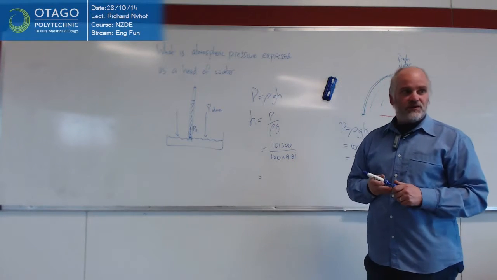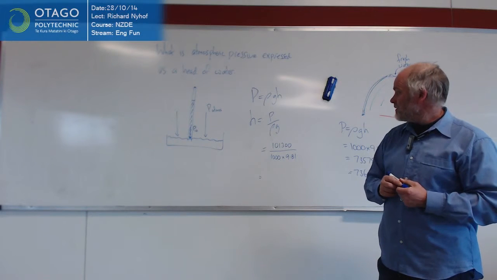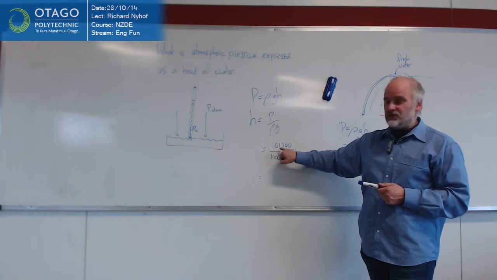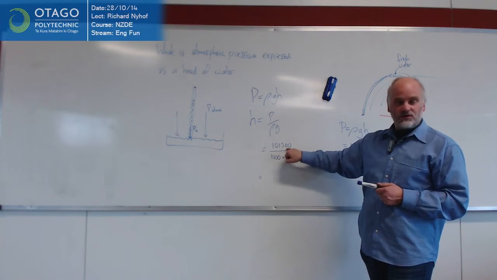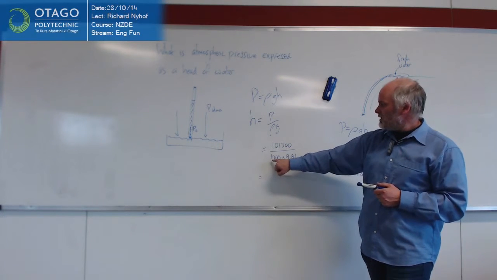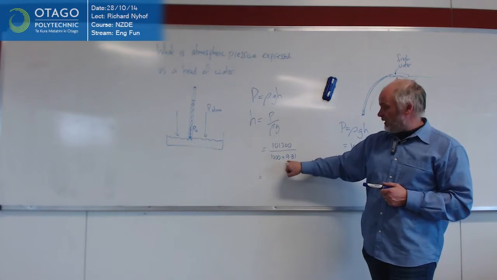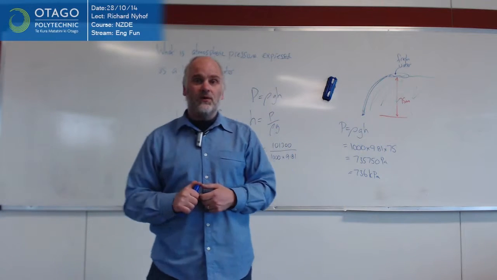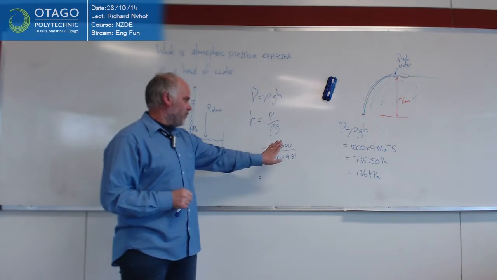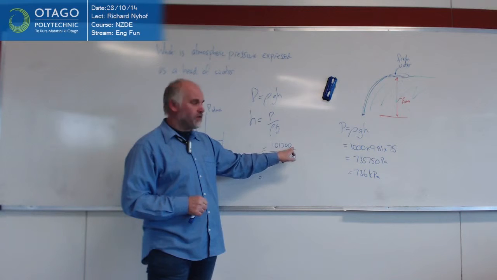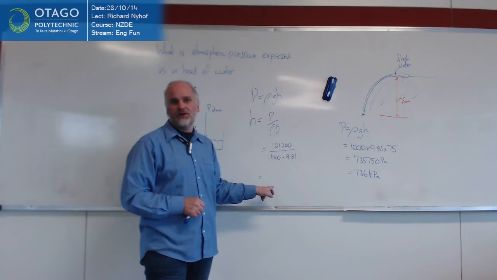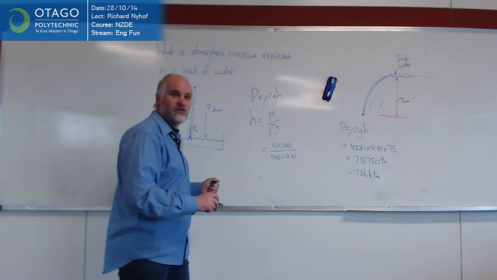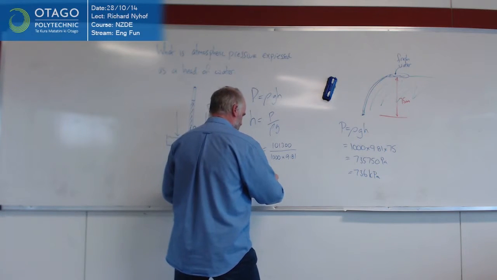I've put everything in pascals, kilograms per cubic metre, basic SI units. If I'd left it in kilopascals, my answer would have come out in kilometres. So the answer now should come out in metres. And the answer is 10.3.